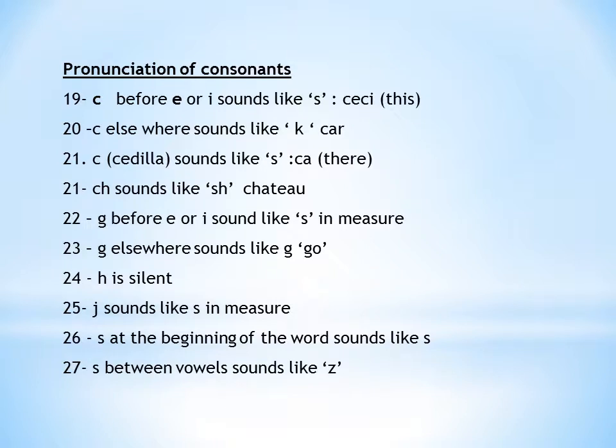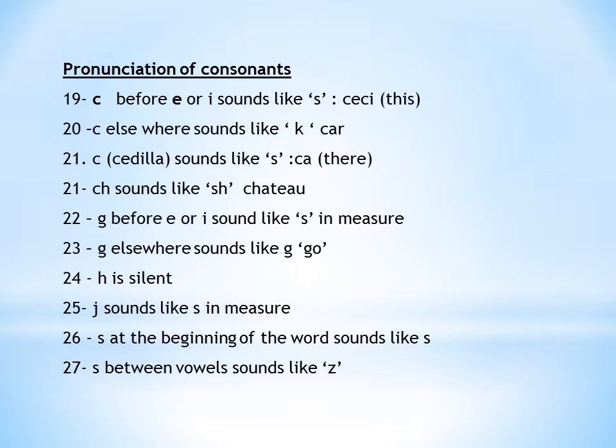The 22nd is G before E or I, which sounds like the S in "measure". The S is grinded up between two E's there. So we have "je".